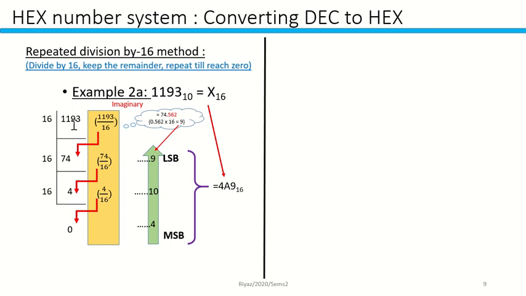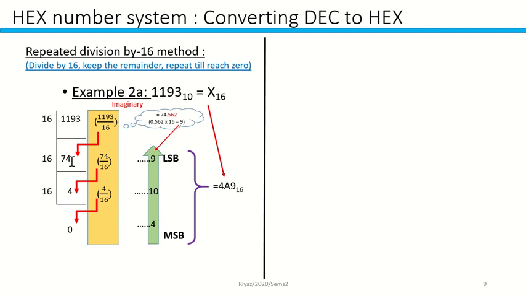So 1193 divided by 16 is 74.562. This 74 you put over here, and the remainder, 0.562, you times with 16, which gives you 9. This remainder you put over here.